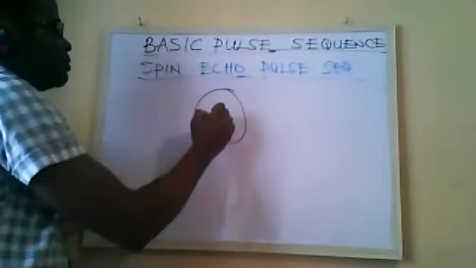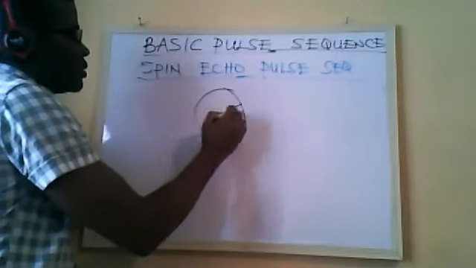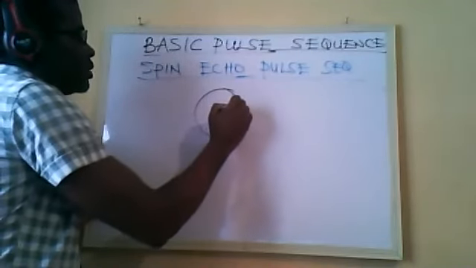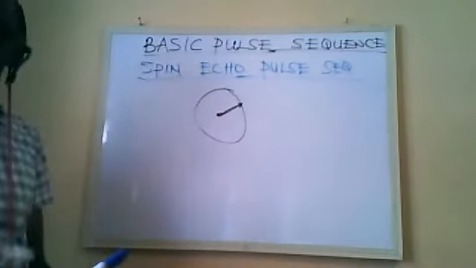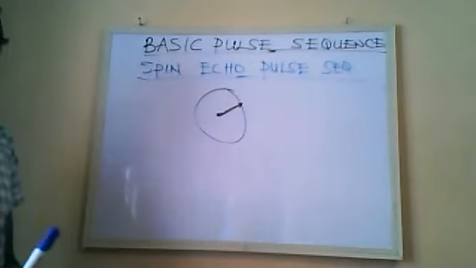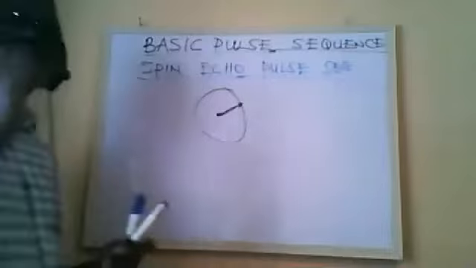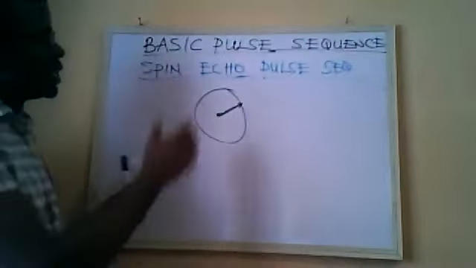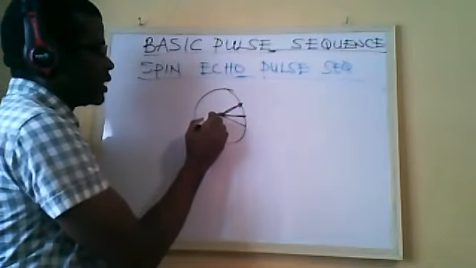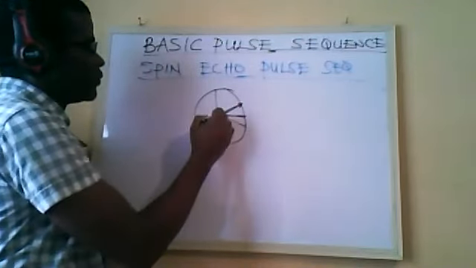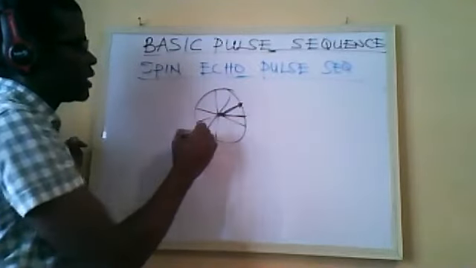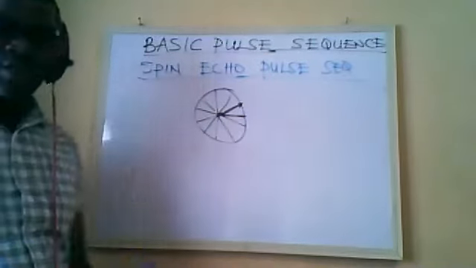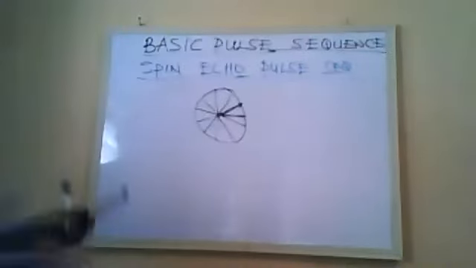At a point in time, the spins might be this way, all of them. But as time goes on, immediately after you apply your RF pulse, the RF pulse brings all of them into phase. Immediately you switch off the RF pulse, we begin to have a kind of dephasing as time goes on. At the end, the spins will not be fully dephased after some point in time.